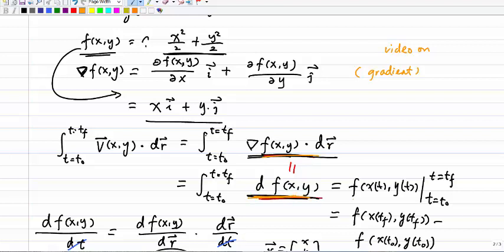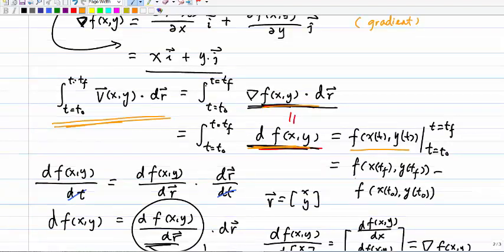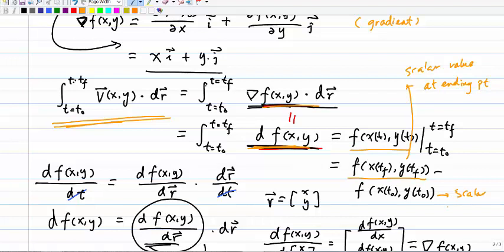Then if you do it that way, you can say my line integral over a scalar field is just given by f(x(t),y(t)) evaluated at tf and t0, which is the scalar value at the ending point minus the scalar value at the beginning point.